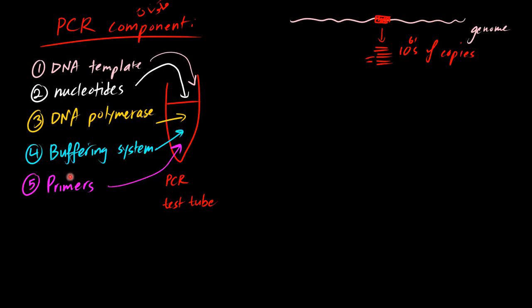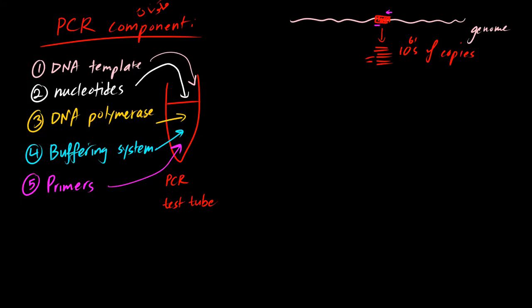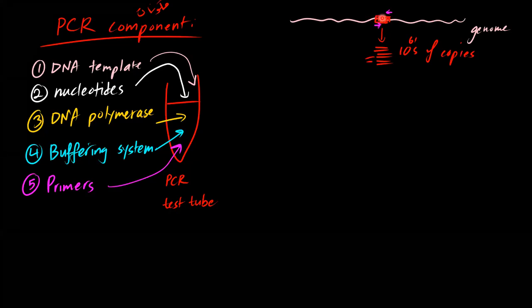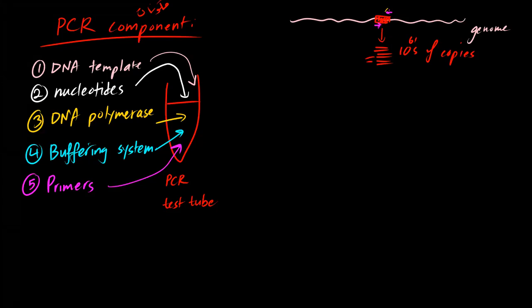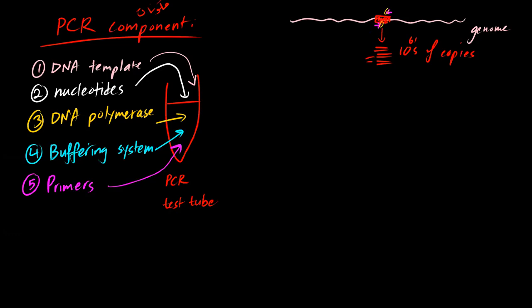And these primers are the ones that will tell the DNA polymerase which DNA sequence or which DNA fragments to start amplifying. The DNA polymerase will bind to these primers to make more copies of this DNA.